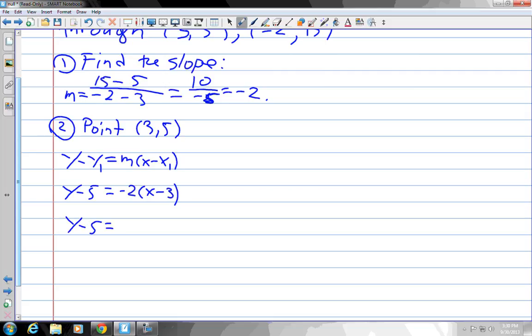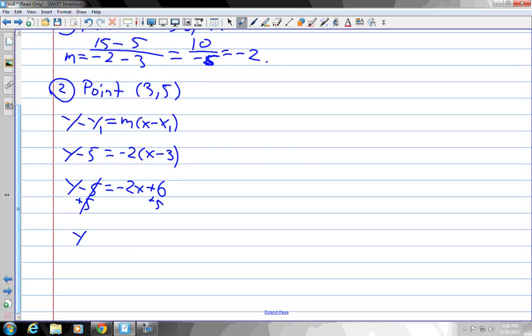And then if we simplify this, you distribute negative 2, you get negative 2x plus 6. And then add 5 to both sides. So we'll end up with y equals negative 2x plus 11. Is that okay?